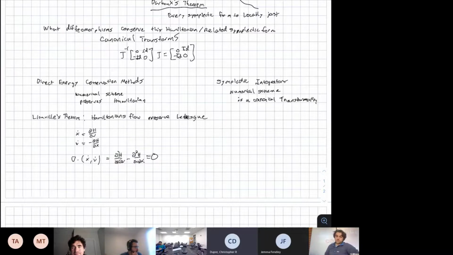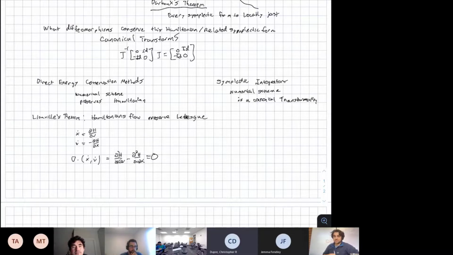So Hamiltonian flows preserve Lebesgue measure, and if you do a direct energy conservation, you will preserve the energy, but you may not preserve Lebesgue measure.